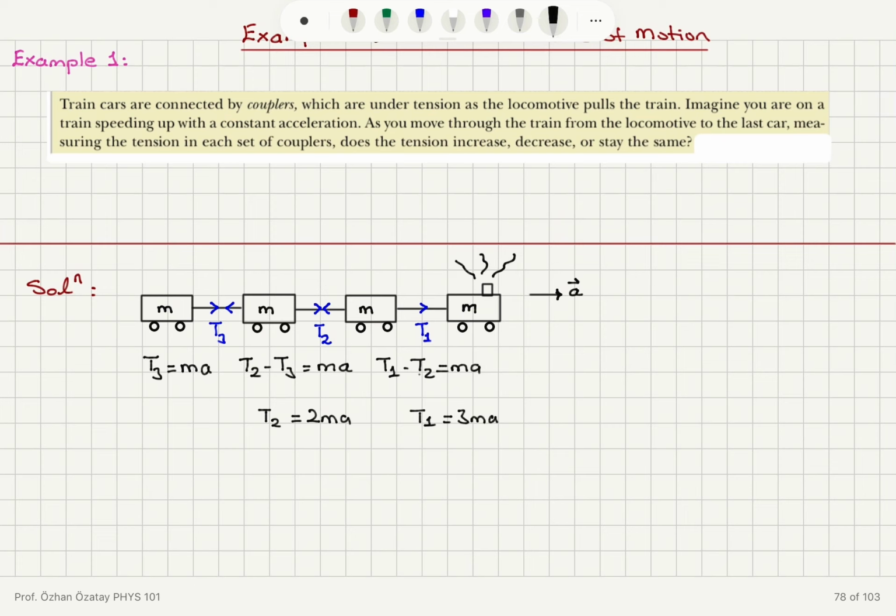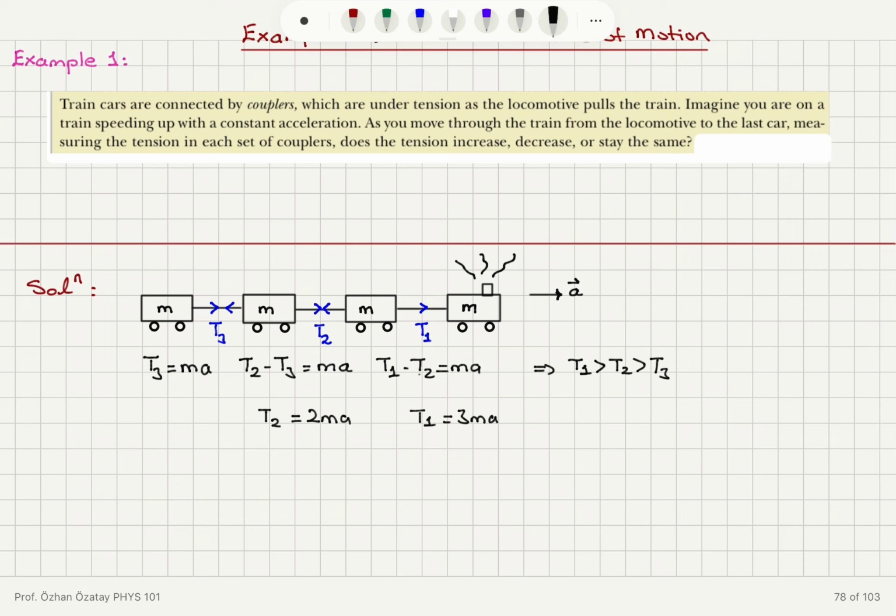So I noticed that when I go from the last car to the locomotive, I keep measuring the tension on these couplers. I see that the tension keeps increasing. So therefore, I can conclude that T1 must be greater than T2, which must be greater than T3.